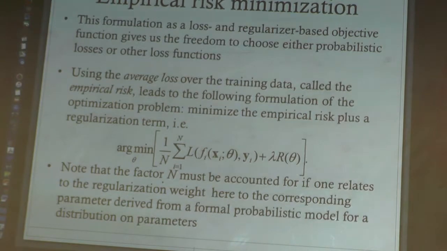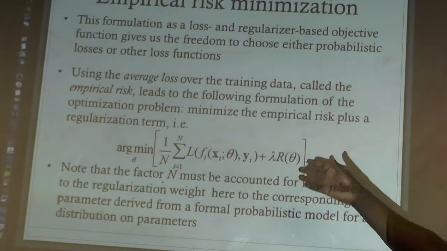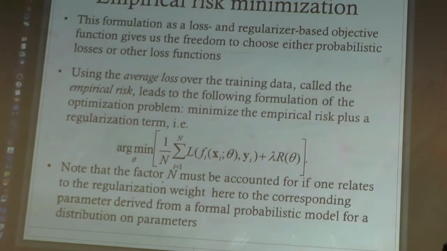The loss measures how bad. The regularizer helps us to improve, that is to reduce how bad it is. And then we put these two together into an empirical risk minimization. Because what do we call it? Risk. If the error is too big, then there's a risk. The risk becomes bigger. If you can reduce the error, then you can reduce the risk. So it's called empirical risk minimization.